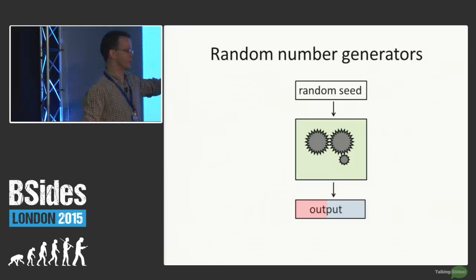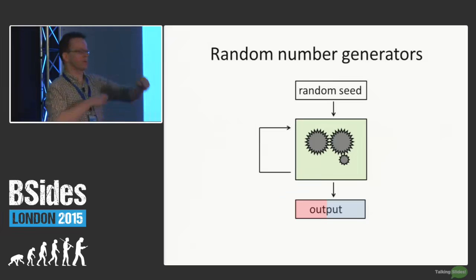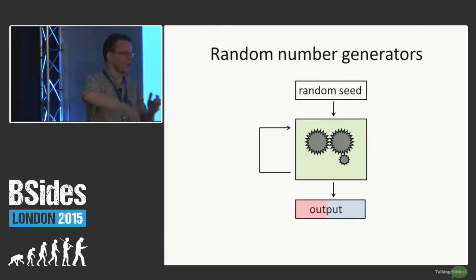In this case, the blue output is the output of the random number generator, whereas the internal state is shaken up again, and it gives another output and another output. I imagine this as you input a number, and then there's some kind of churning, and you churn out random numbers all the time. This is how they work at a very basic level.